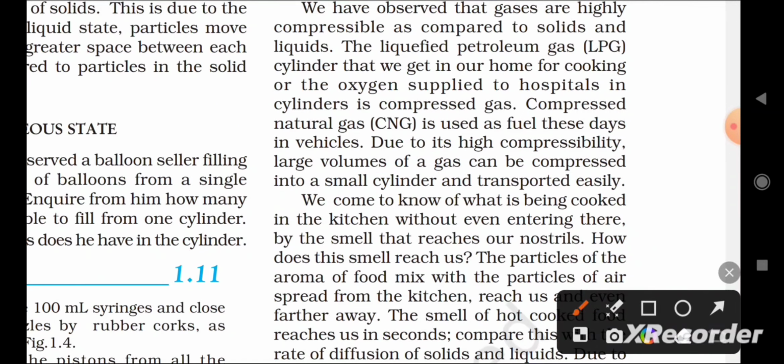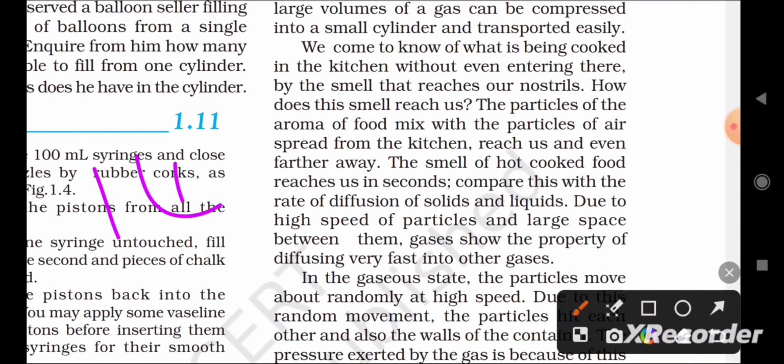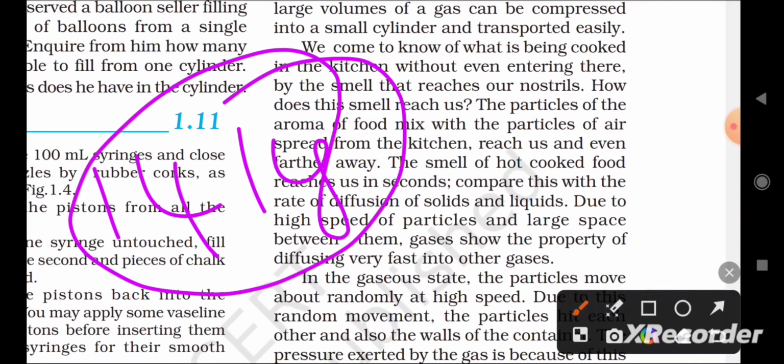When we use LPG in our homes, 14 or 15 kg of LPG is compressed in the cylinder, so gases are highly compressible.